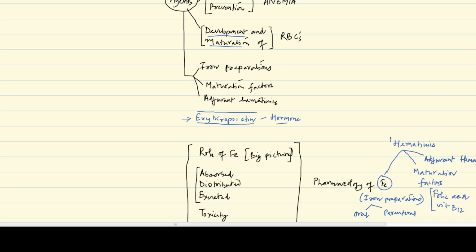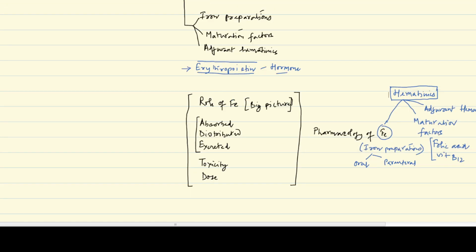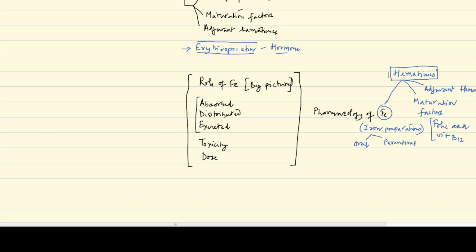Okay, so that is a listing of the agents that we will be discussing within this lecture. Okay. So at this point in time, we understand the classification of hematinics as iron preparations, maturation factors, and adjuvant hematinics.